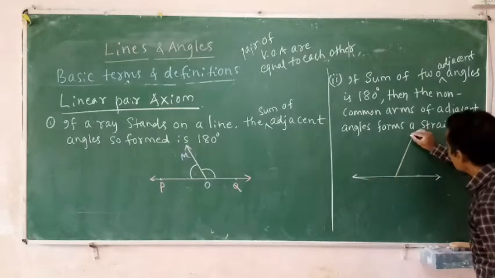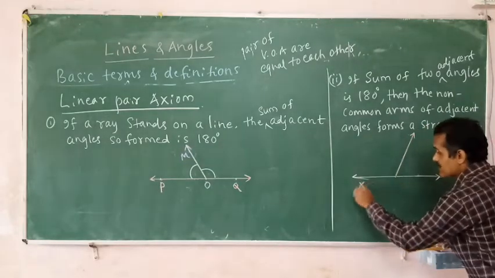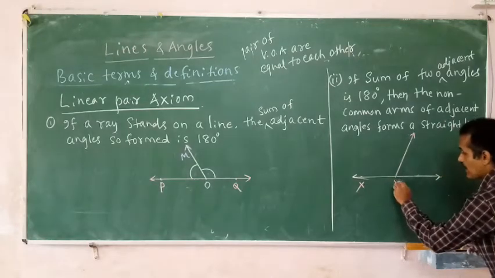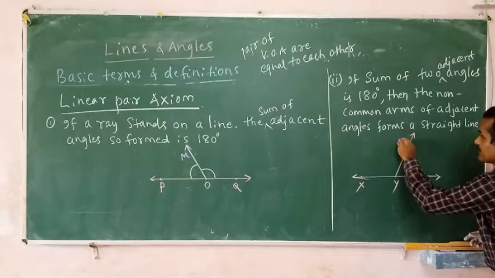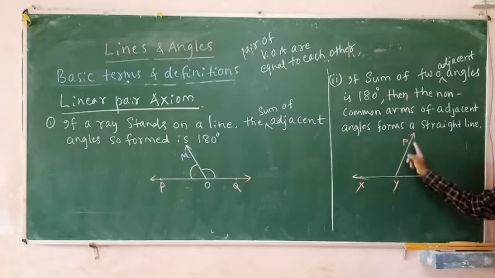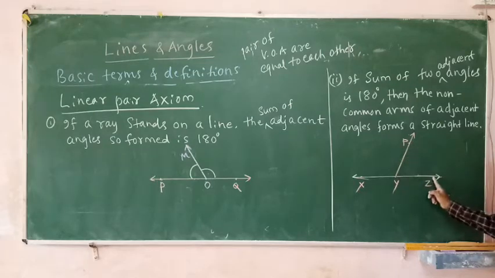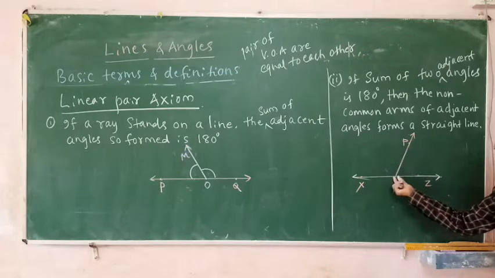See, I will say x, y, z and p. These are the two adjacent angles. See, x, y, p and y, z are the adjacent angles because they have a common arm and a common vertex.